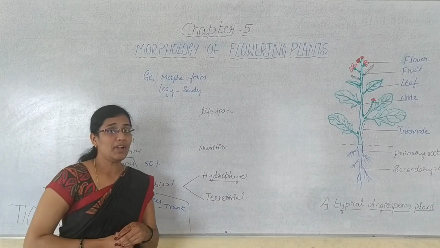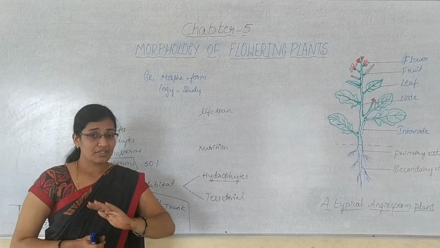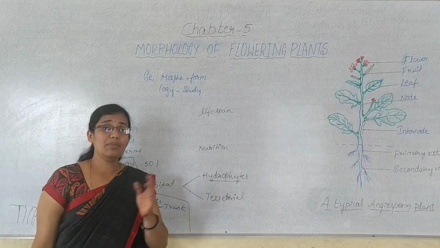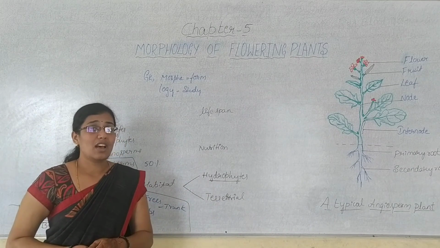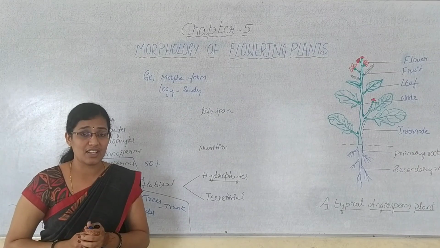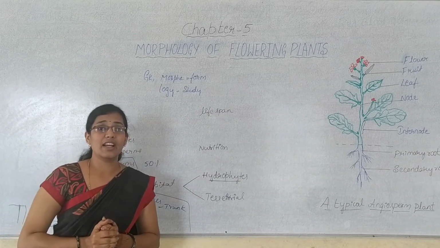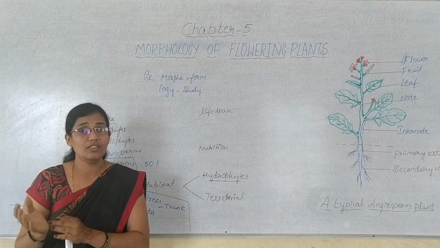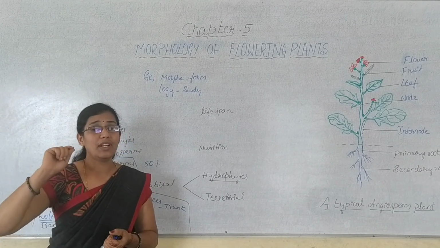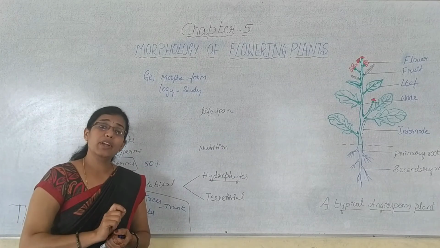And these terrestrial plants will not be growing in the same environmental conditions. It will be different. If the plants are growing in moderate conditions, meaning it is neither too dry nor too wet, so the land will neither be too dry nor be too wet.